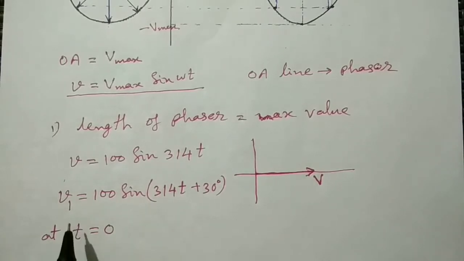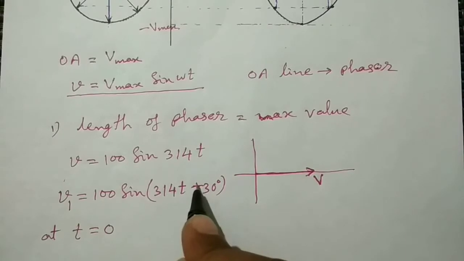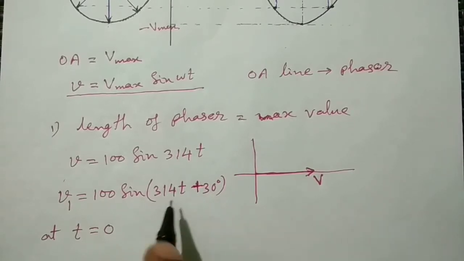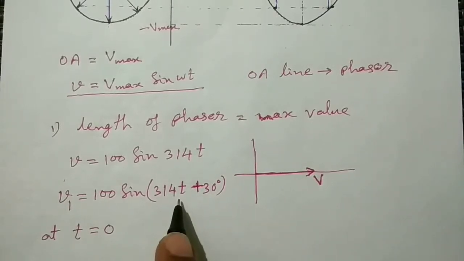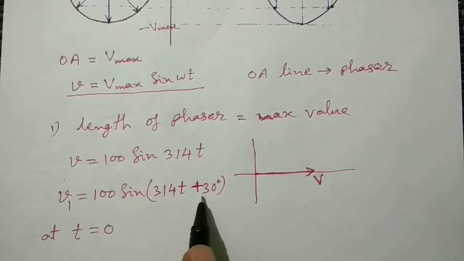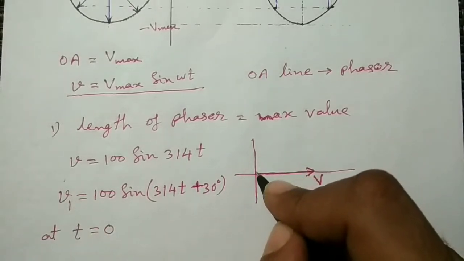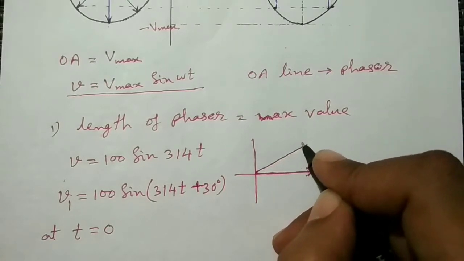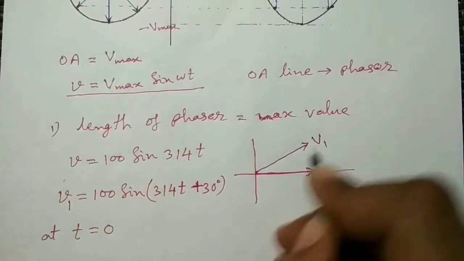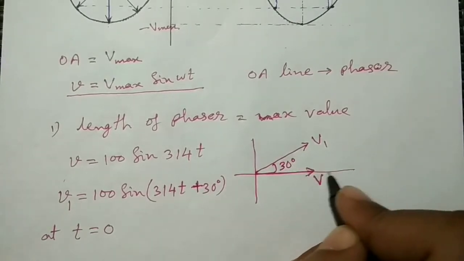For example, here I have taken V1 equal to 100 sine 314t plus 30 degree. Here if we consider t equal to 0, then its angular position will be plus 30 degree. That means the phasor of V1 will be in the first quadrant, and it will make an angle of 30 degree with the reference line.